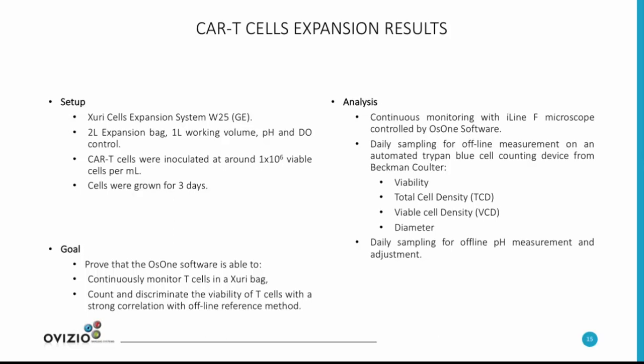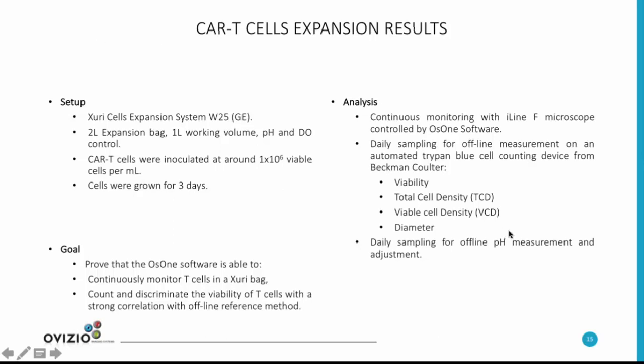The CAR T cells were inoculated at around 1 million viable cells per ml, and the cells were grown for 3 days. The goal of this experiment was to prove that the OsOne software is able to continuously monitor all the T cells in the bag, and of course to count and discriminate the viability of T cells with strong correlation with an offline reference method.